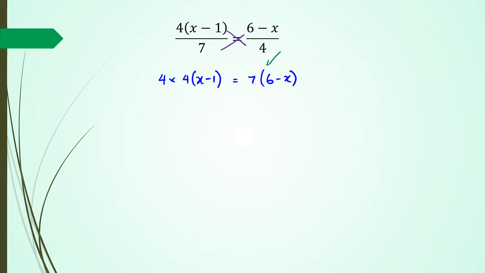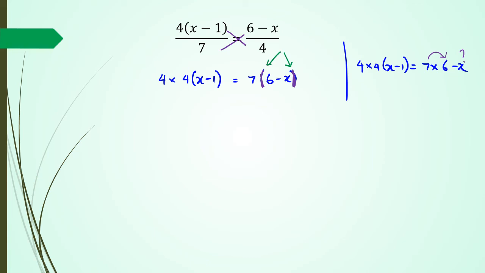It's really important that you put a bracket here, because the most common mistake I've seen people make is they write it like this: 4 times x minus 1 equals 7 times 6 minus x. And the mistake people make is that they just multiply 7 times 6 and then they forget about the x. That's why it's really important that we put these brackets around here.